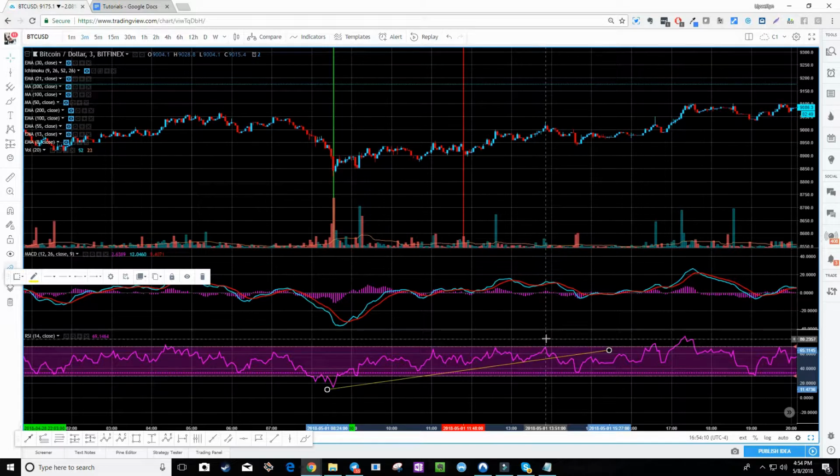Actually, that doesn't even quite close in overbought. So this is a case where you could ride this one if you were feeling really confident in it. It never makes it into the overbought region.